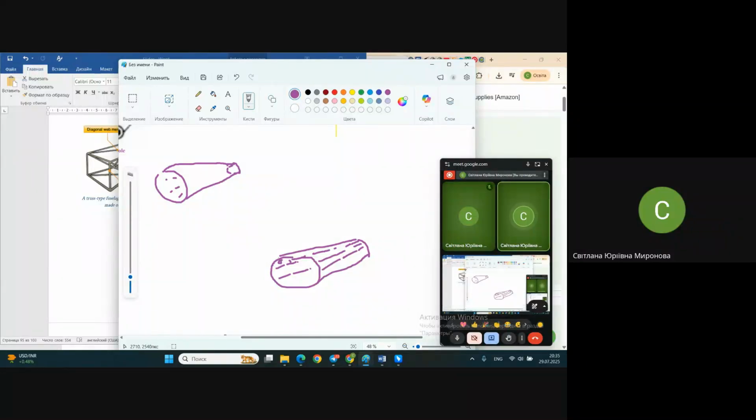And approximately at 1/4, here and here, like 2 o'clock, 5 o'clock, and so on, approximately in these places, it will be a more massive structure.